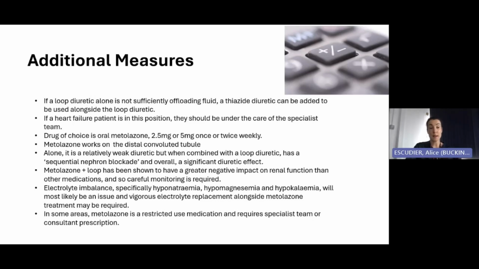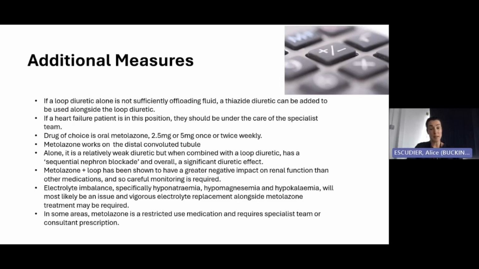The two medications together have a sequential nephron blockade and overall a really significant diuretic effect. We know that the two medications in combination will have a greater negative impact on kidney function than other treatments, and so careful monitoring is required.